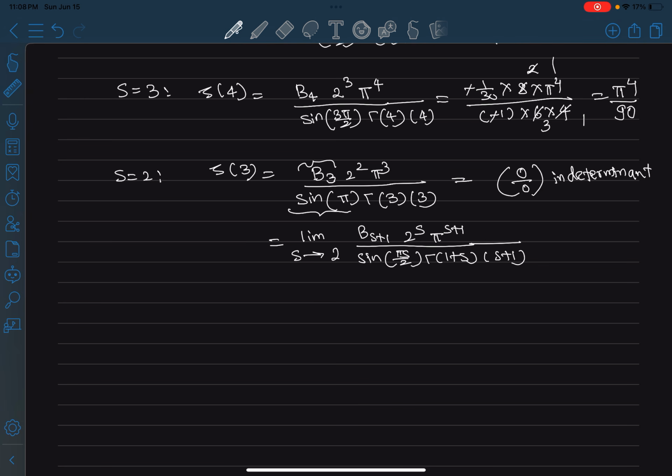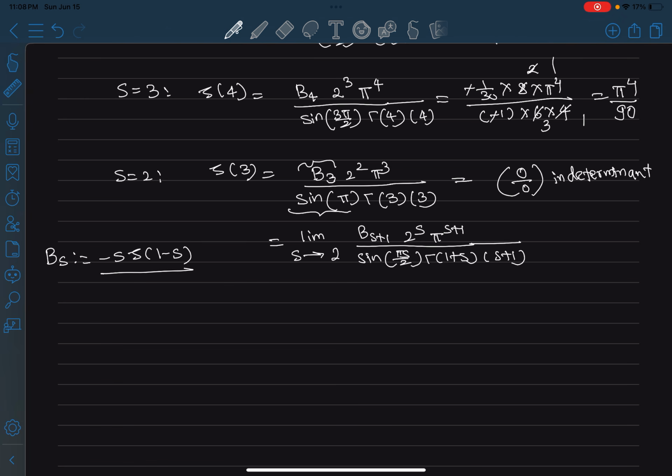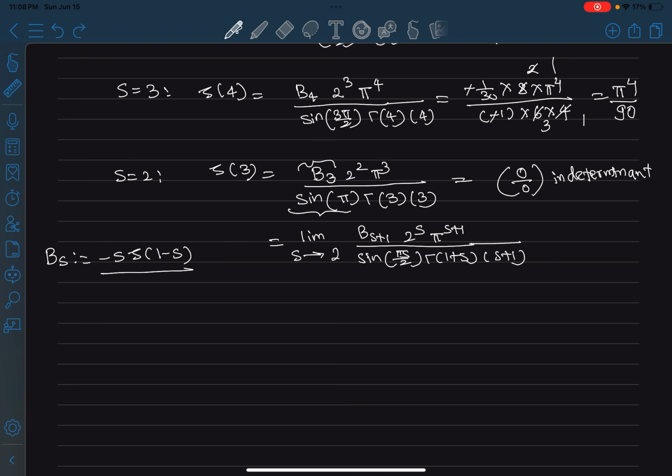Now the analytic extension of the Bernoulli function is actually equal to negative s zeta of 1 minus s, right? So if you want to take the derivative, having B sub s plus 1 as minus s zeta of 1 minus s, you will have some expression in terms of the zeta function, right? And then again, you will actually need zeta of 3 to find zeta of 3, and that's going to be the problem.